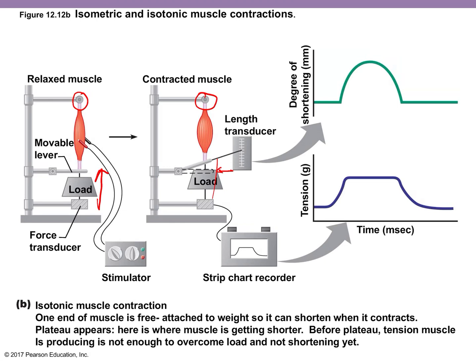So one end of the muscle is free, it's attached to the weight, so it can shorten when it contracts. And then when you create the sort of twitch graph in this case, you always get this characteristic plateau. So what's interesting is you have a plateau that appears. And here is where the muscle's getting shorter.